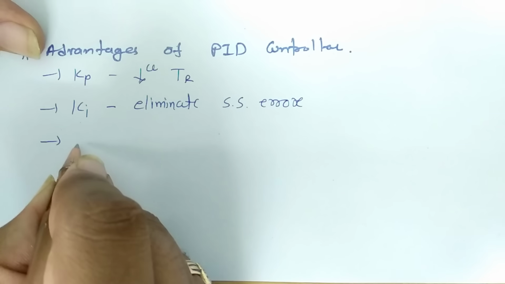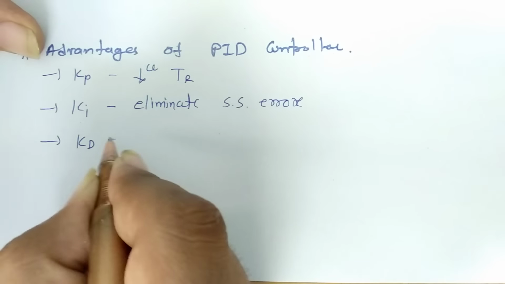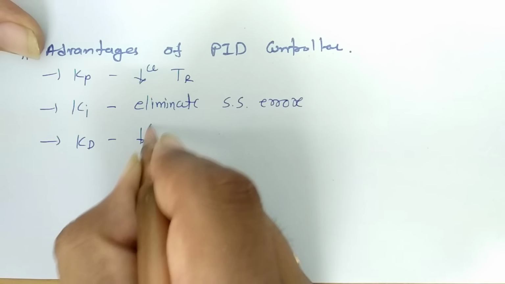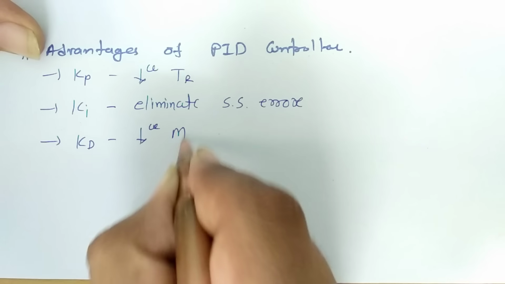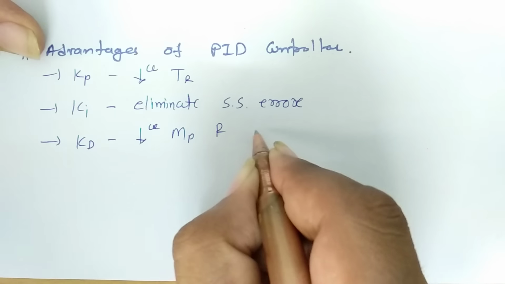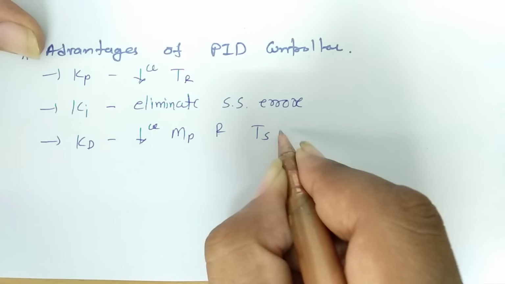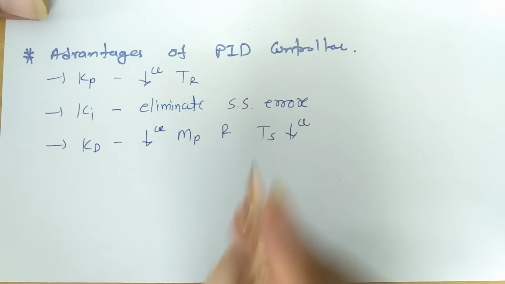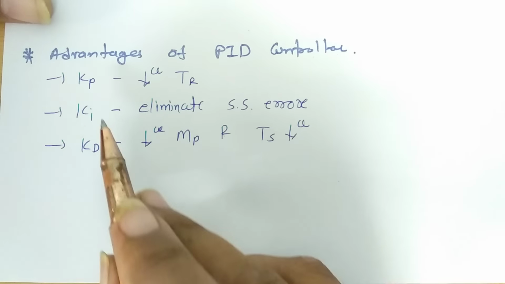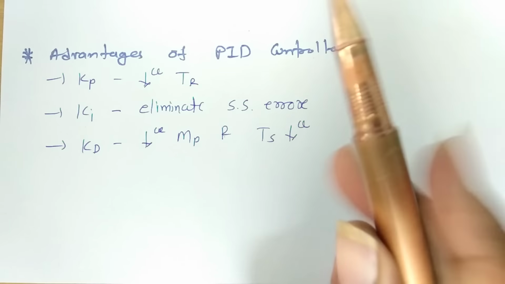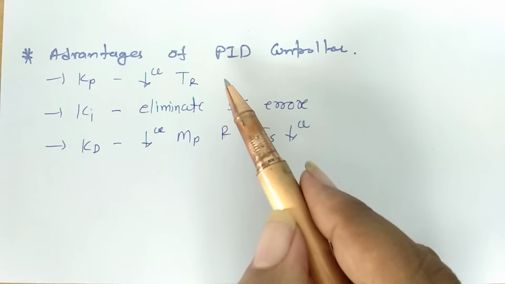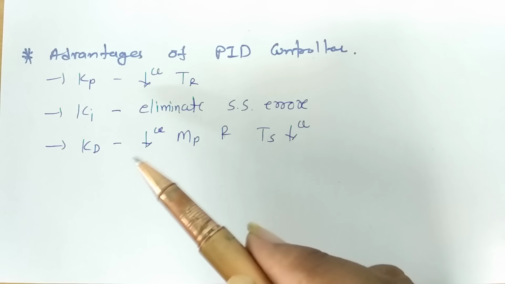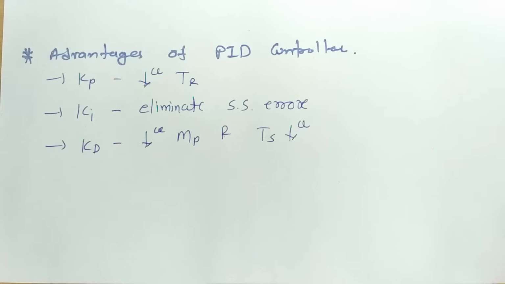Based on the derivative controller, it will decrease maximum peak overshoot and it will decrease settling time. So this is how we utilize the advantages of proportional, integral as well as derivative all together in PID. These are the basic advantages of the PID controller.